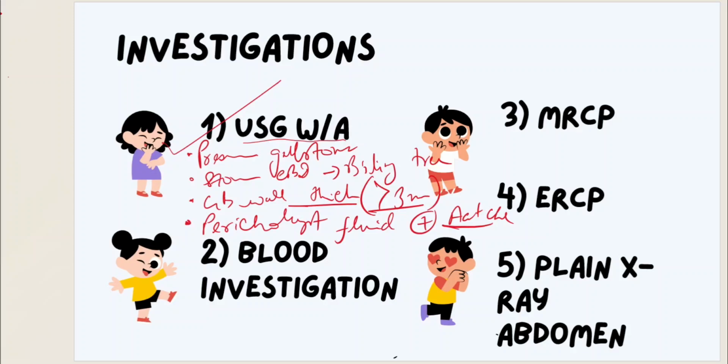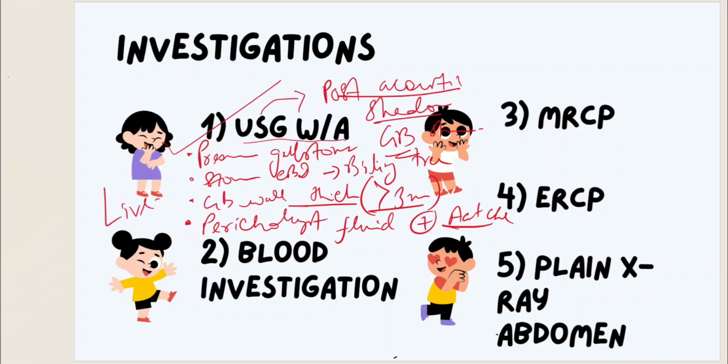Then we can also look for the posterior acoustic shadowing seen in GB stones. Liver, you can also assess with the help of ultrasound whole abdomen.